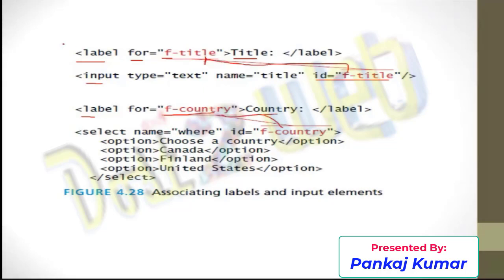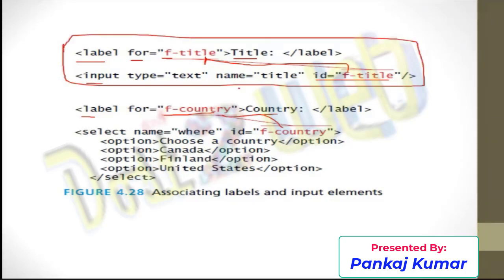Whenever you define a label, it associates with the input tag; the text is associated with this name, and this selection box with this. So this form is accessible. This is how we generally associate labels and input HTML elements.